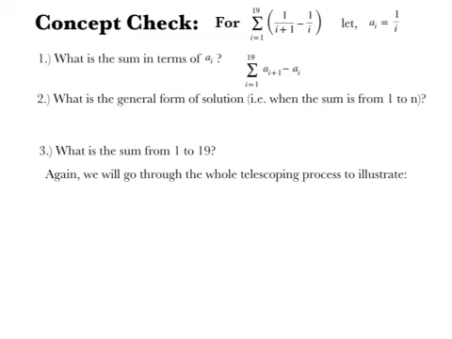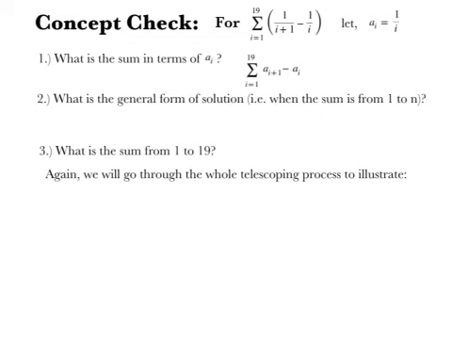So what's the general form from 1 to n in this case rather than 1 to 19? Well, we recognize that the term with the larger subscript, in other words, the term that's one farther along in the sequence, is positive. Or in our terminology, j is greater than k.